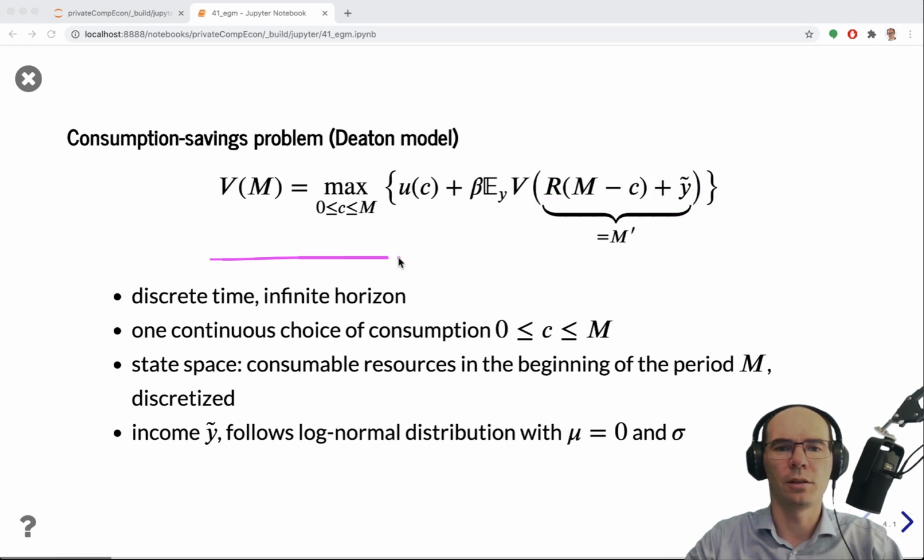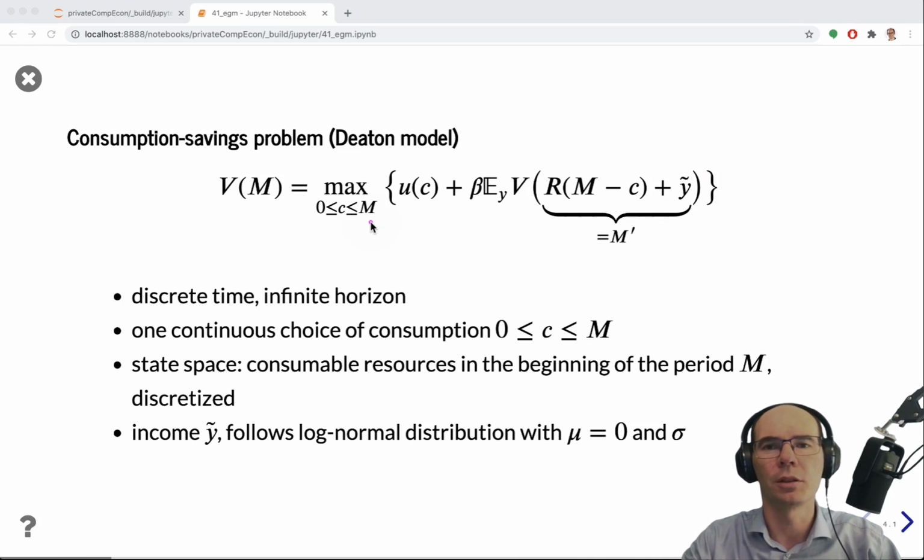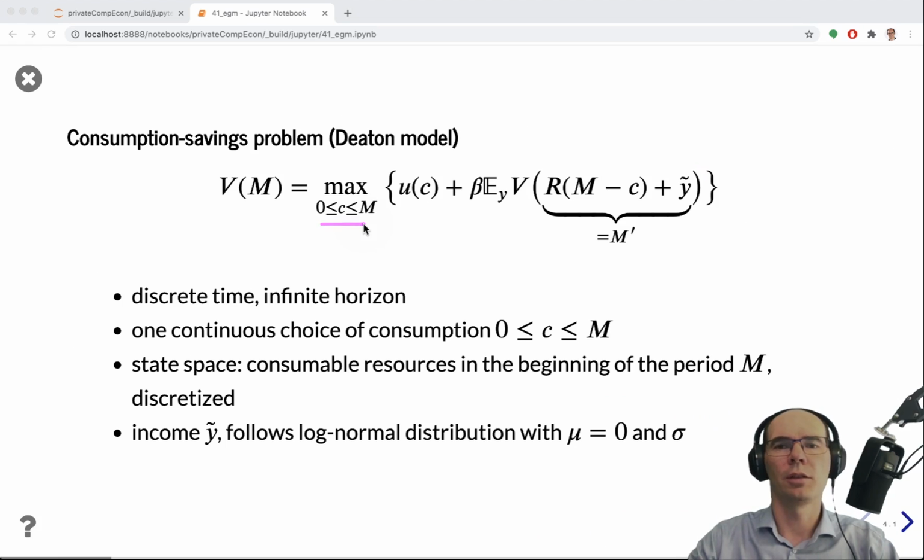Otherwise, the Bellman equation should be very familiar by now. Observe the constraints on the choice of consumption. We will be working, as EGM requires, with Euler equations and focusing a lot on the first order conditions, thinking all the time about interior solutions, and only coming back to the corner solutions towards the end. But so far it's discrete time, infinite horizon, with one continuous choice, the choice of consumption.